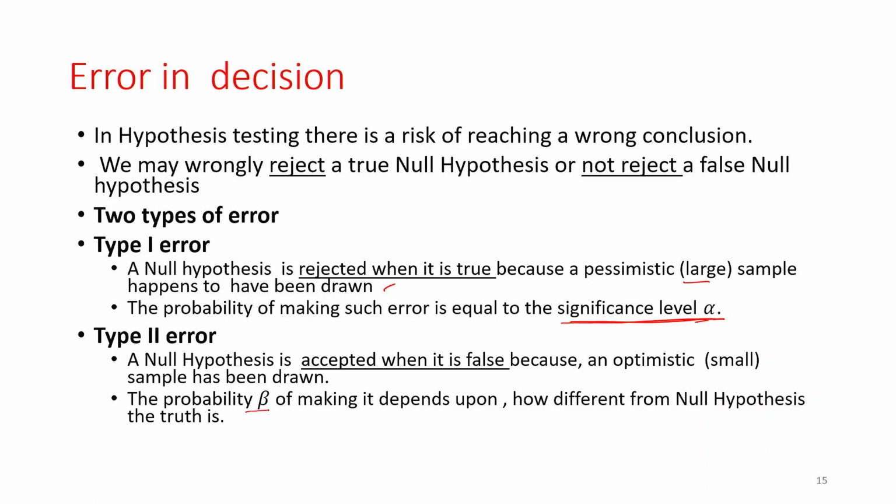The probability in this case is called beta, and depends upon how different from the null hypothesis the truth is. So when the null hypothesis is false but we still accept it, the kind of error that we make is known as type 2 error. So these are the type 1 and type 2 errors.